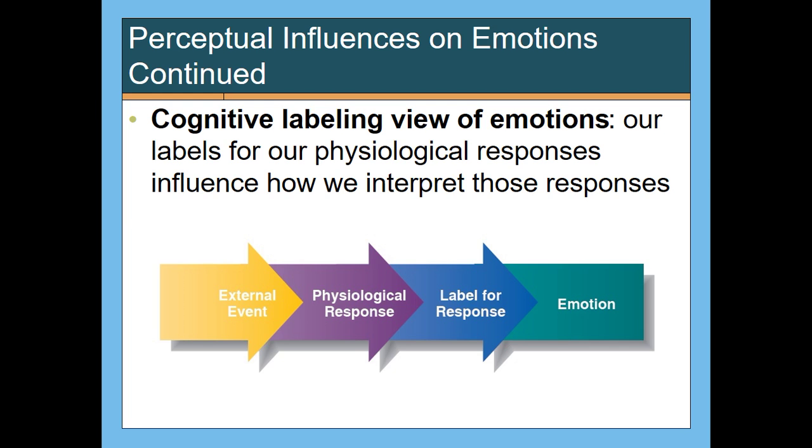The next one is cognitive labeling, and this one has to do with the language that you're using. It's all about the words that you choose to use to describe the situation. So you have the external event, which is the dog barking, then the physiological response, the same as the first one: okay, my heart rate increased. I can feel my heart pounding in my chest. But then what is my label? What words am I going to use to describe that?